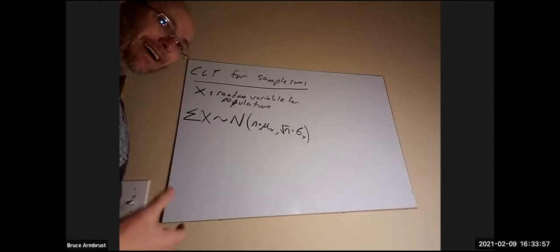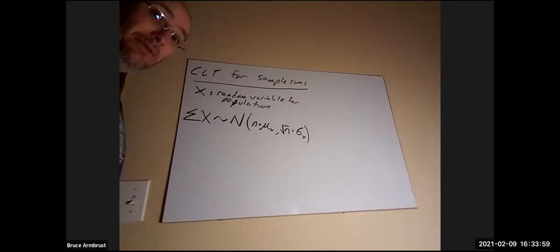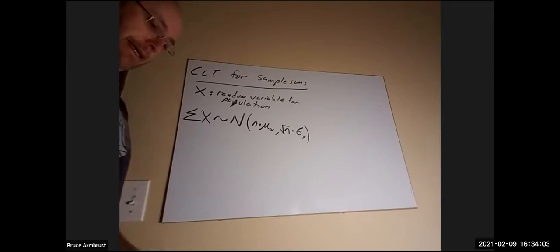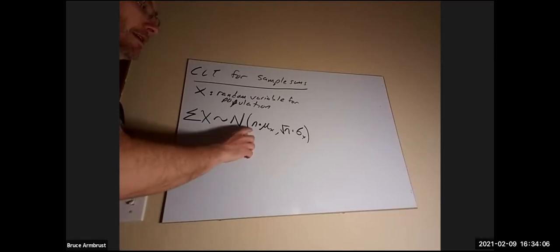This time we're going to multiply by the square root of n. That might feel a little weird, but it makes sense if you look at it mathematically. We took the mean and multiplied by n.